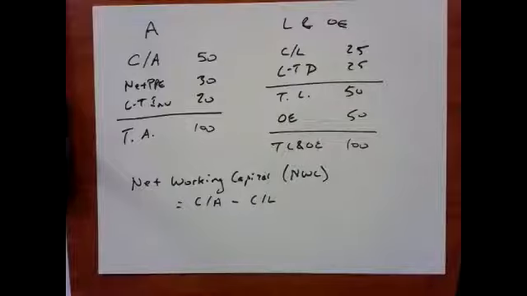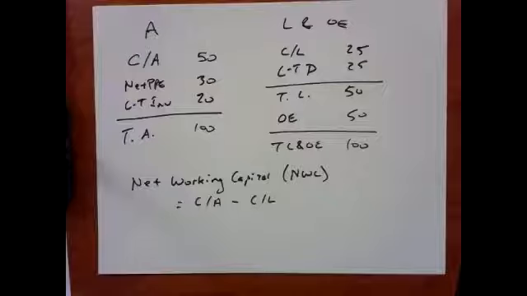Working capital is the resources that the organization has readily available to it to work with, hence working capital, right? So that's its cash, its inventory, other short-term, basically it's all the current assets.